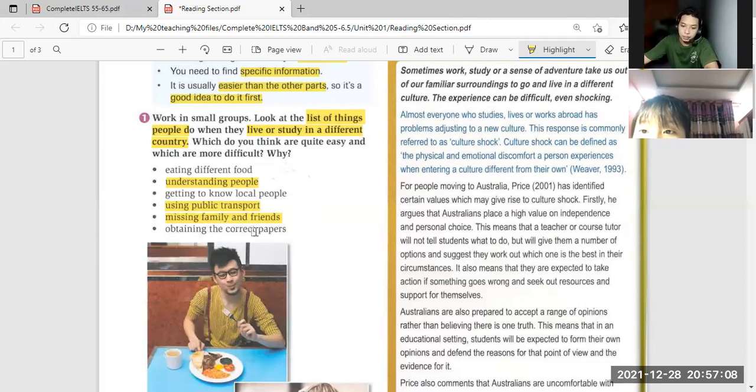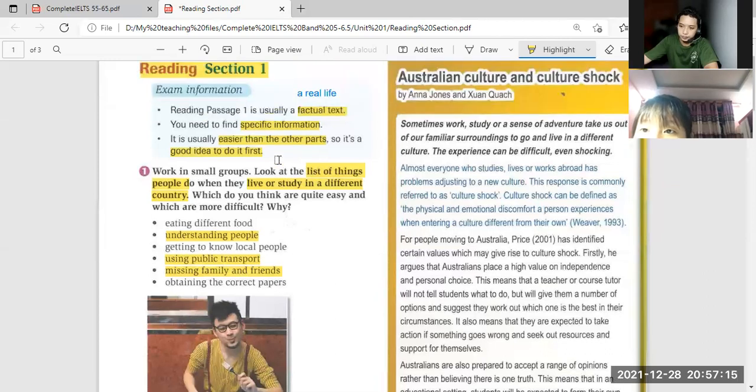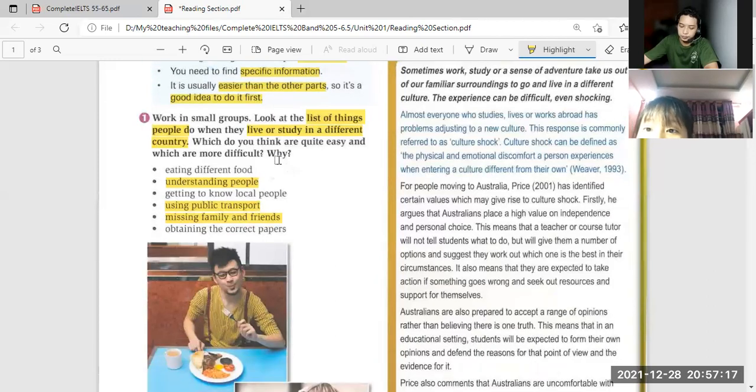Now, why do you think obtaining the correct papers is more difficult? Do you understand the meaning of obtaining the correct papers? No. Okay, obtaining the correct papers means, for example, when you are going to America, it's not easy to obtain the correct papers.